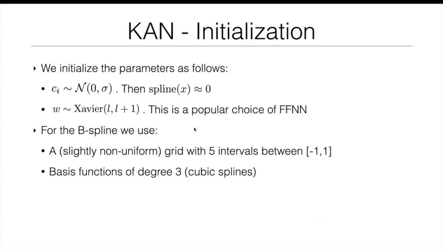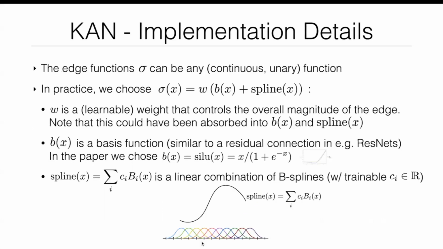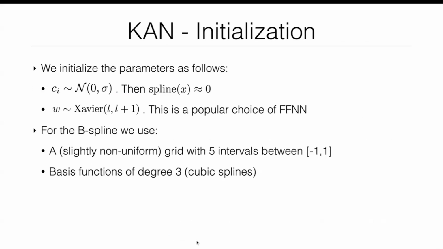And for the B-splines, we use a grid in the beginning, which is not completely uniformly spaced as drawn here, but has 5 grid points. So we have these splines in between, and then you can construct some sort of function approximation in the spaces. And typically we use cubic splines.